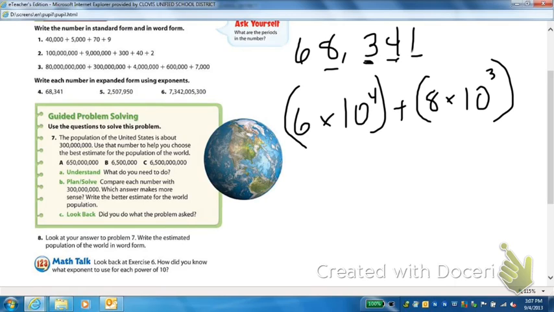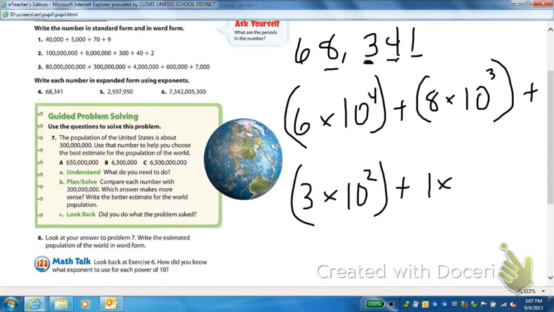Next, I look at my 3, and I can see I have 1, 2. So 3 times 10 to the second power. And I have 1 by itself with nothing after it. So just 1 times 10 to the first power. So that is how you would write 68,341. Did I forget a number?